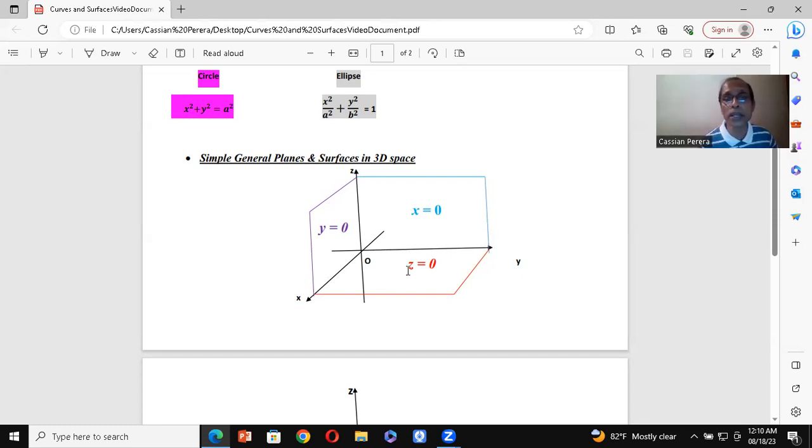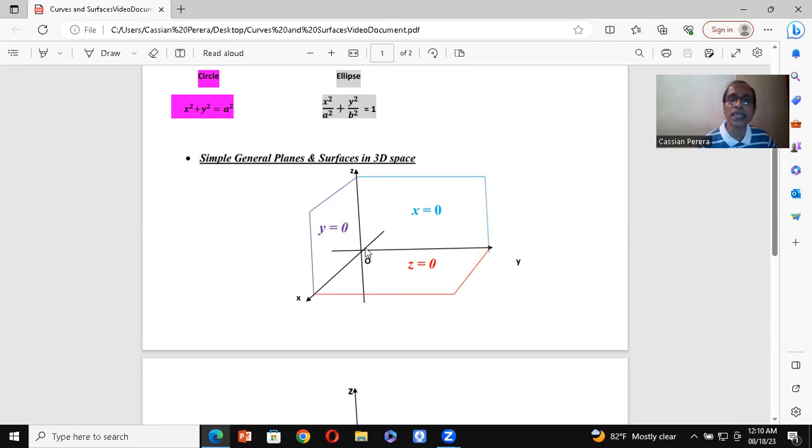Here, any point on the xy plane always has z coordinate 0. You can see the height from O along the z-axis is 0 at this xy plane. Therefore the z coordinate is 0.